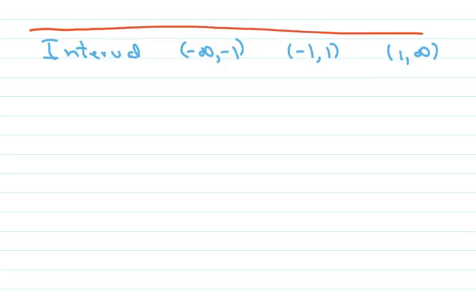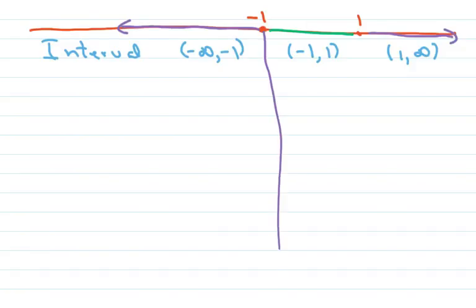And this is because my vertical asymptotes were at negative 1 and 1. I want to determine how the graph behaves from negative infinity to negative 1, what's going on from negative 1 to 1, and what's going on from 1 to infinity.